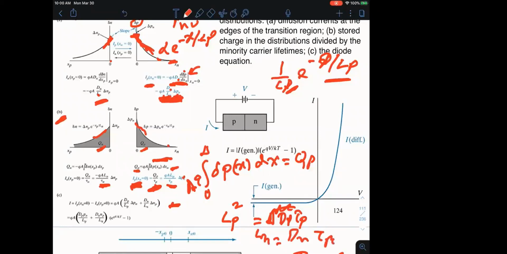The first calculated using technique A, and the second one calculated using technique B, and make the substitution of Ln and Lp using this, and you'll see that the two expressions match. Okay, I want you to do that sort of as a homework problem that you do not turn in. Okay.